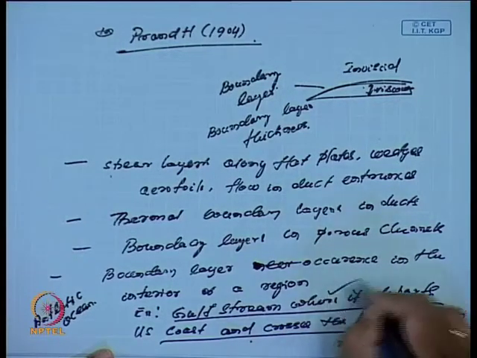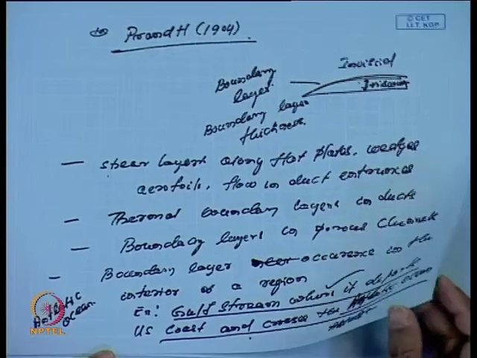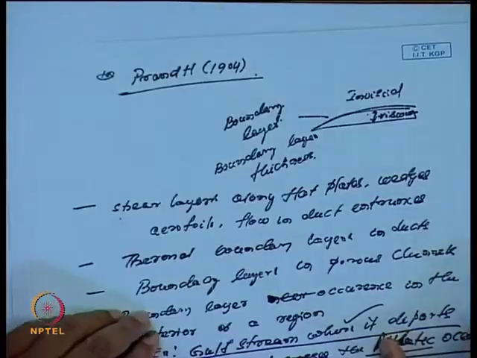So we also see the presence of a boundary layer here. In this case, although the Reynolds number is large, there is no turbulent motion, but there is the occurrence of a boundary layer.